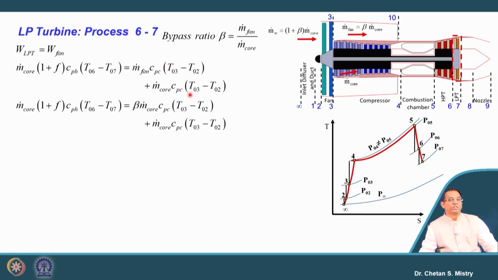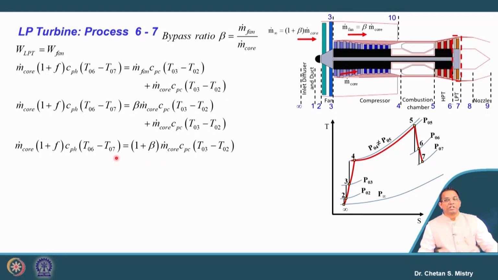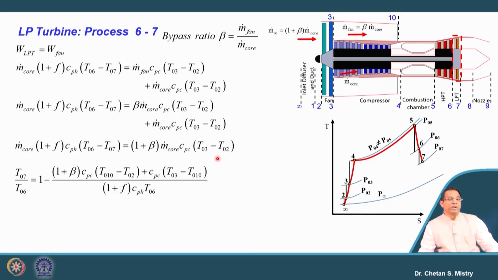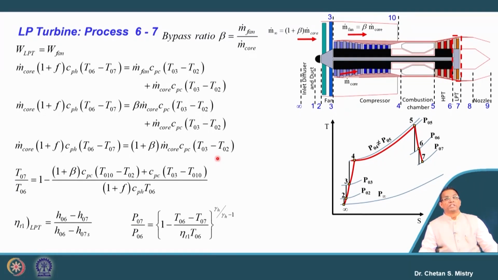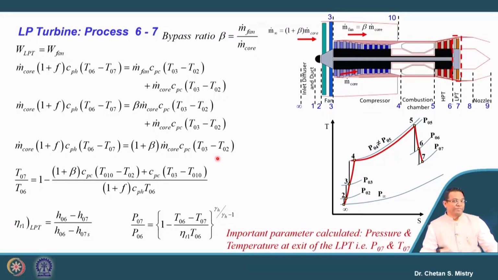With this formulation, my work balance comes in terms of T06 minus T07 on one side and T03 minus T02 on the other. By this formulation we can calculate the exit temperature from the LP turbine, and based on the efficiency formulation we can calculate the exit pressure from the LP turbine. This is with no bleed configuration.